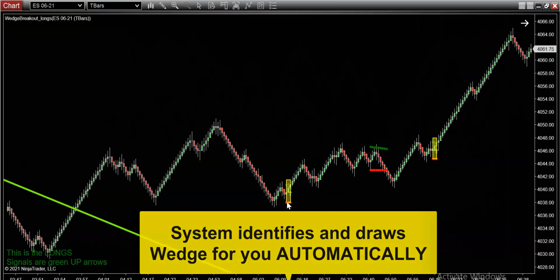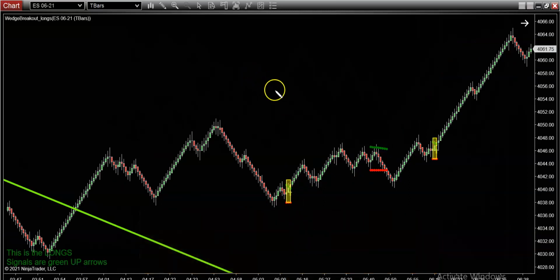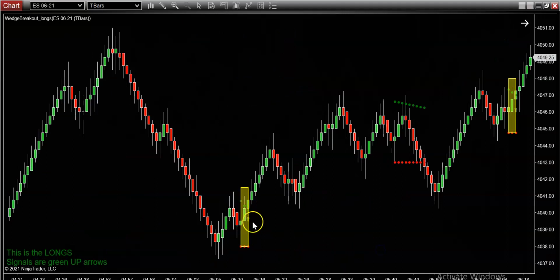These are areas in the chart where the system has identified, guys, a sequence of pivot points that look like this, what I call compression. Price is being squeezed and squeezed and squeezed, and we're looking for a violent breakout out of the top of the wedge. Makes sense? And those are represented to you visually and graphically in the form of these yellow boxes here.